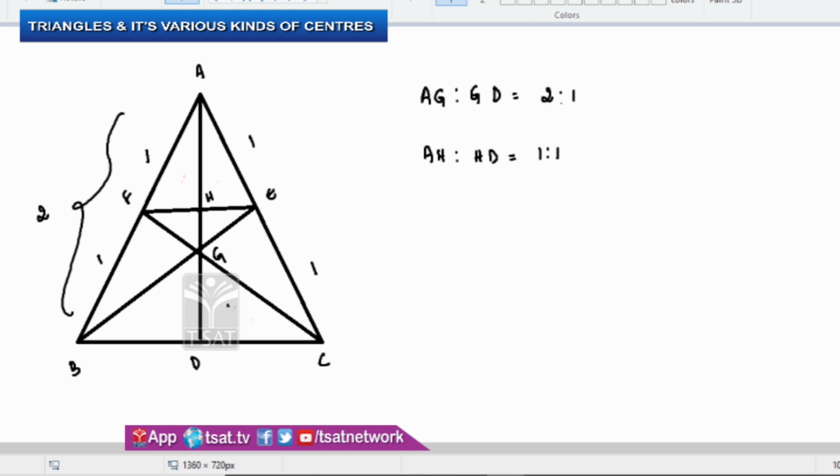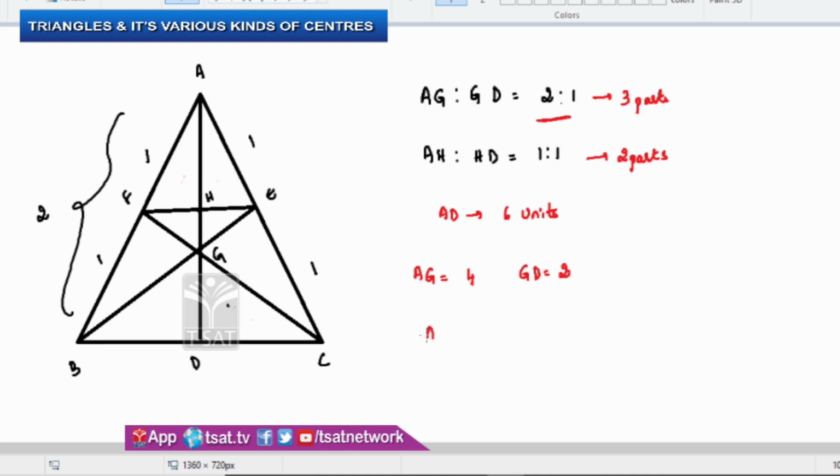So, totally how many parts are there? Here there are 3 parts, here there are 2 parts. So, take a value which is divisible by both 3 and 2. I am taking AD as 6 units. If AD is 6 units, I divide AD in the ratio 2:1. Therefore, AG is 2/3 of 6, which is 4, and GD is 2 units.